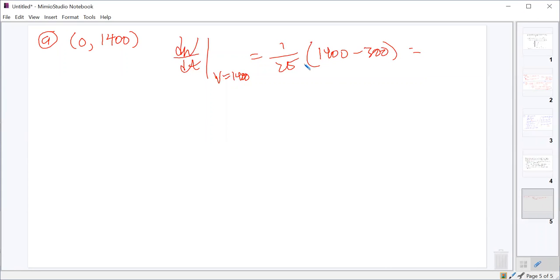That's 1,100 over 25, which it would appear should go in 44 times. So there's our slope. We've got our point. We should end up with y equals 44t plus 1,400.